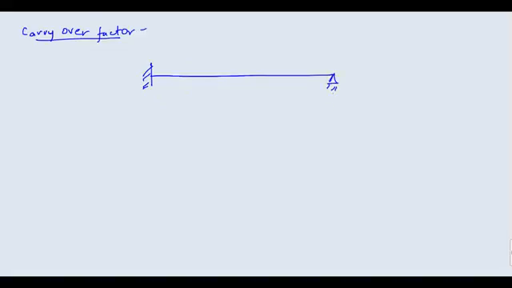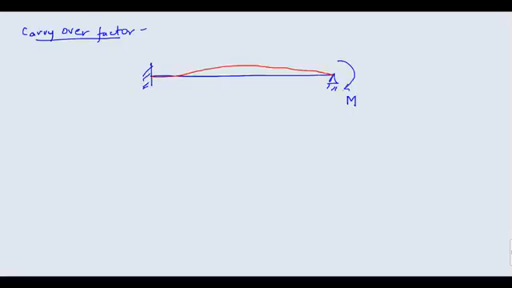Okay, last thing that I want to talk to you about before we start our method is your carryover factor. This is the third and the last thing, carryover factor. Carryover factor simply means that suppose you have a fixed support here and you have a pin joint here. Suppose I apply a moment M here. So this beam will try to deflect like this, isn't it?